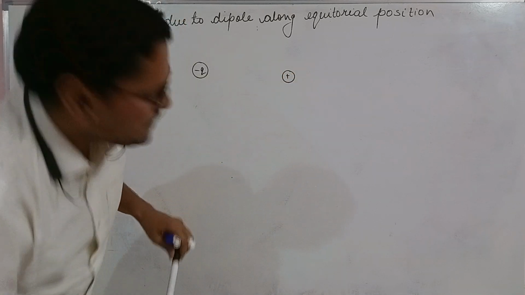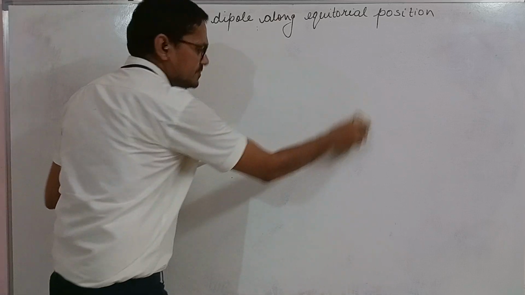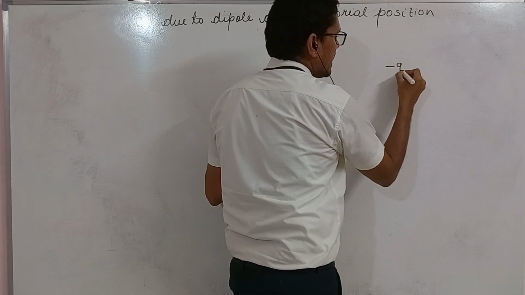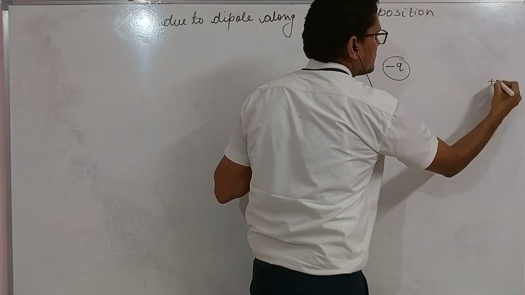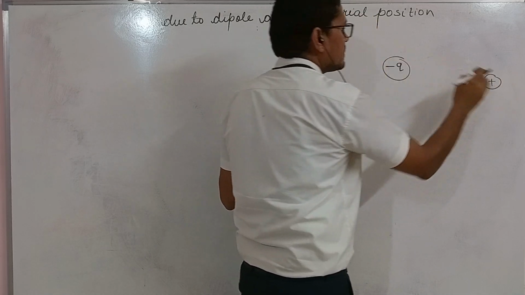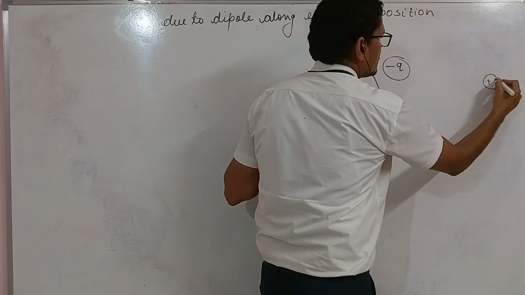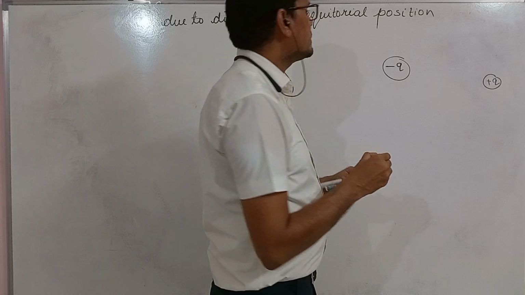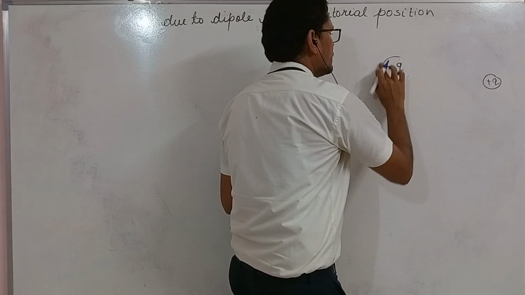Let me draw it here. Now these two charges are separated by some finite distance. Let's say the distance between these two charged particles is 2L.